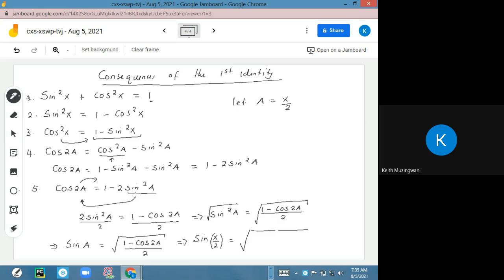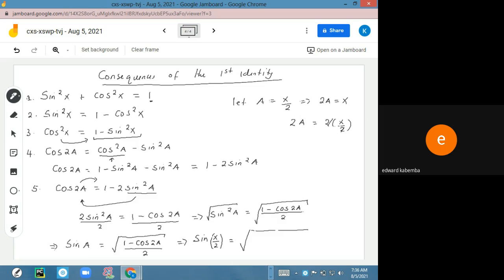Now we have 2a, and where there is a, we have x over 2. This means that we just have x. If you cross multiply by 2, you get that 2a is equal to x.